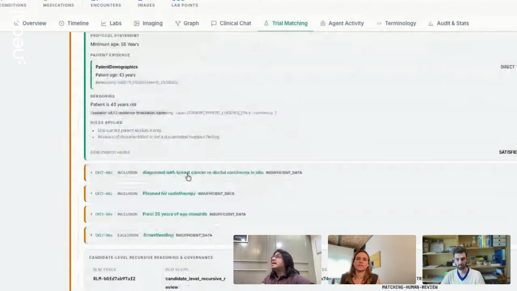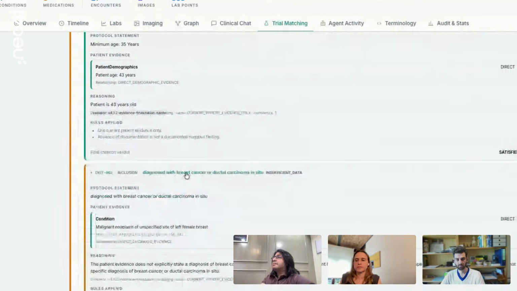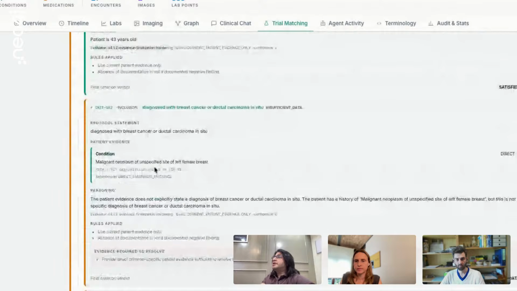Now, this particular one says malignant neoplasm, unspecified, on the left female breast. What is the reasoning that it has found, and where is it finding the RLM? Because it's not just trying to find out that there is a word called cancer and say, hey, the patient has cancer. It specifies the left female breast.